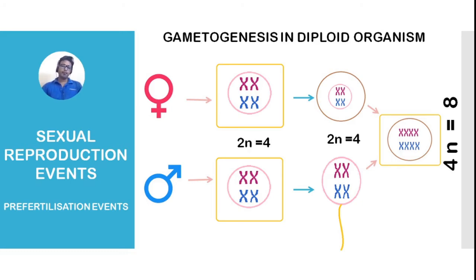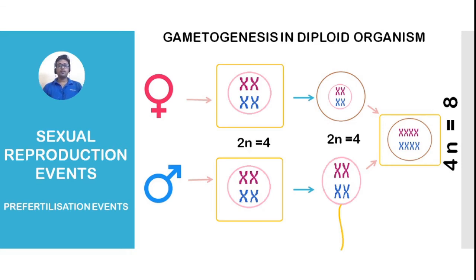But now there is a problem. You see the parent cell is 2n equal to 4, means it has 4 chromosomes, but the newly synthesized zygote has 8 chromosomes, and it is not possible. Suppose in case of human beings, we are also a diploid organism, and in each cell of our body there are 46 chromosomes, and our parent's body also contains 46 chromosomes in each cell, and our grandparents also contain 46 chromosomes in each of their cells.